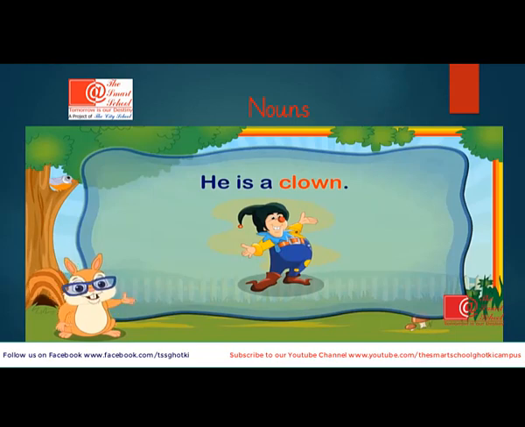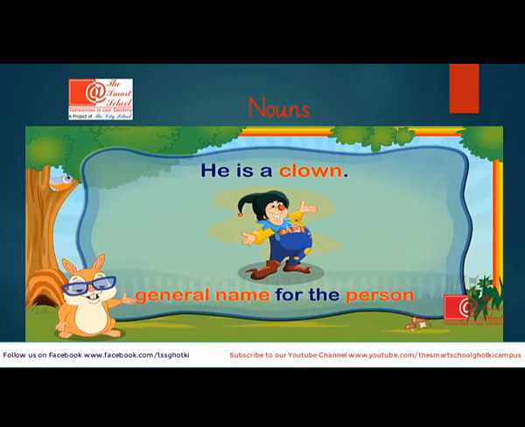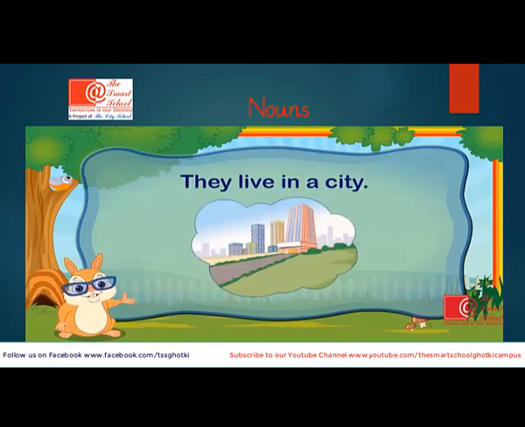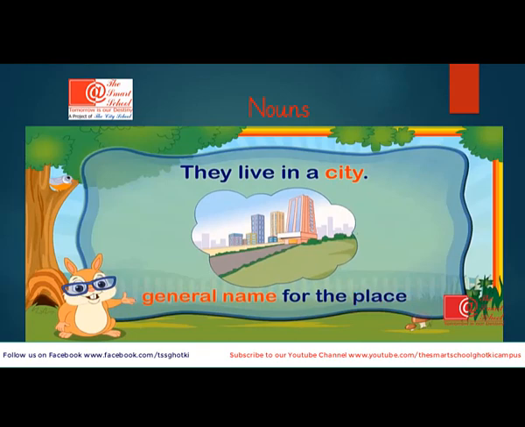In this sentence, we are talking about a clown. Clown is a general name for the person. They live in a city. In this sentence, we are talking about a city. City is a general name for the place.